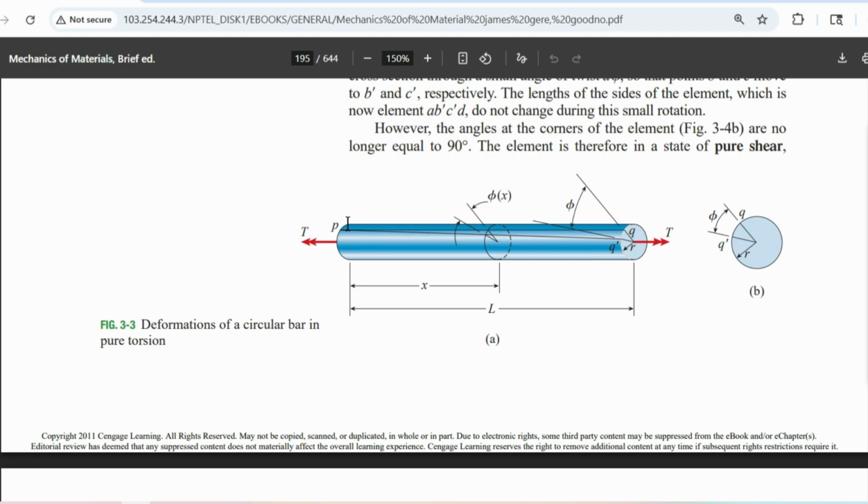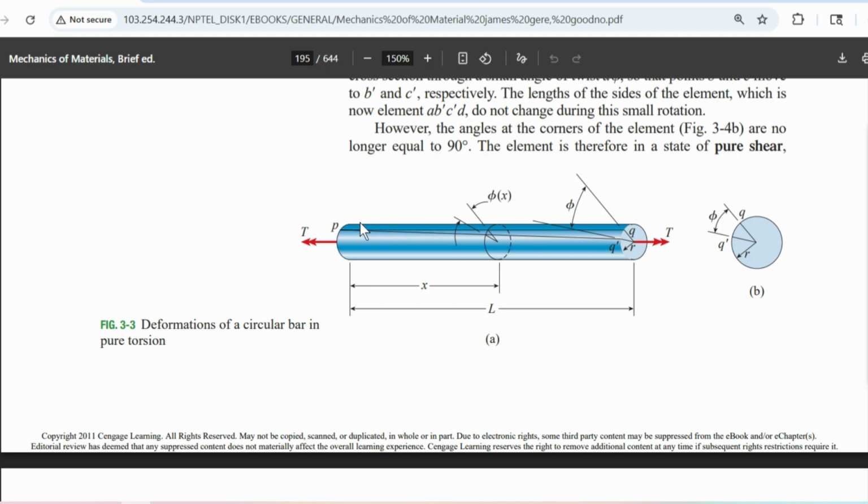Let's say this is fixed or welded to a wall, and we apply this torque. Well, it used to be right here at Q, and now this little section is down at Q prime. And this angle that gets generated is a function of this length.